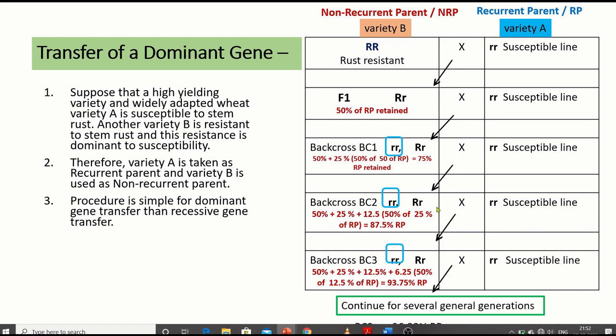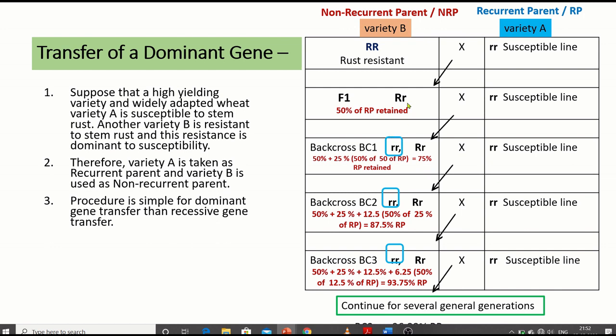So in every generation of backcross there will be retention of 50% of the recurrent parent. So 50% plus 25%, that is 50% of 50%, which is a total of 75%.